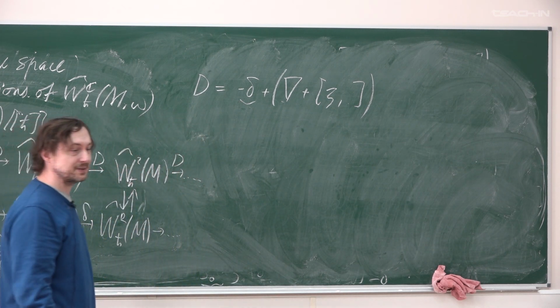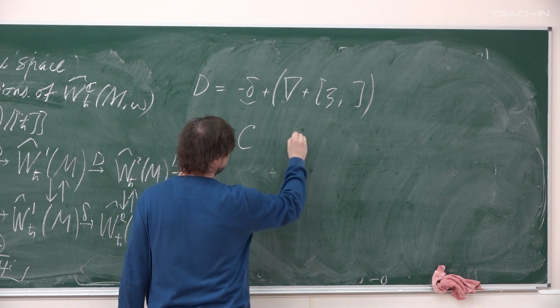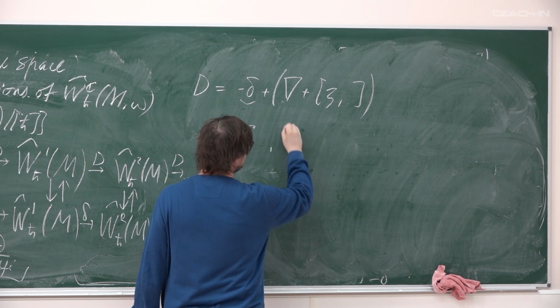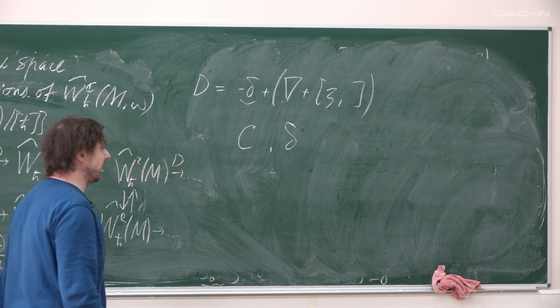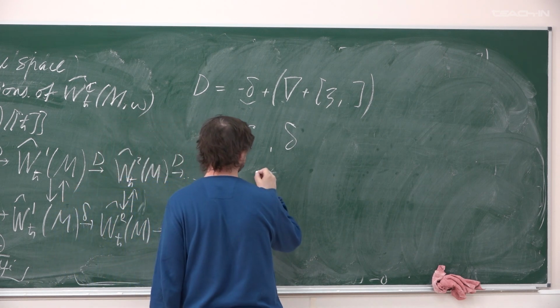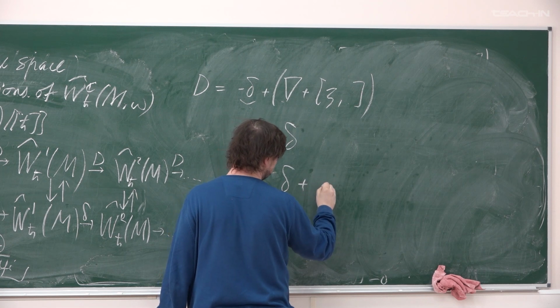When you have a complex with a differential C, and you have a differential delta in this complex, and then you have the same complex, but with the differential delta plus something infinitesimal.